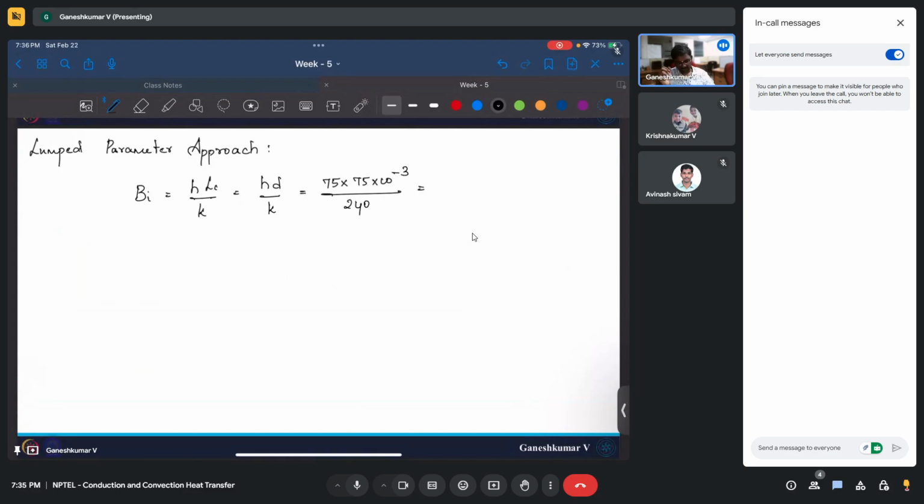So you calculate the Biot number and check whether it is below 0.1. Only if it is below 0.1 is the lumped parameter approach valid, and then you go forward and apply the equations that you derived in the class. This corresponds to something like 0.03, which is less than 0.1. Therefore, the lumped parameter approach is valid.